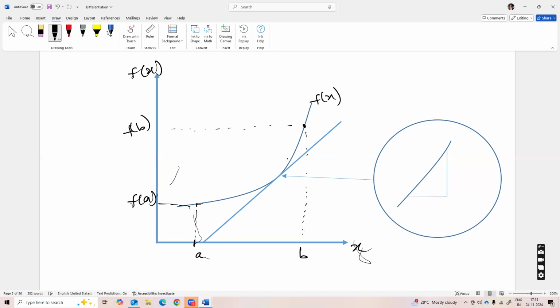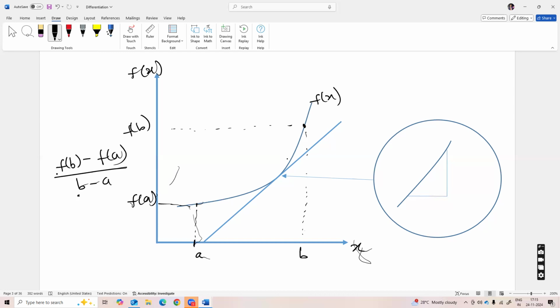So if here you find f of b minus f of a divided by b minus a, it will be basically the average change in value of function with respect to change in value of input, that is x.